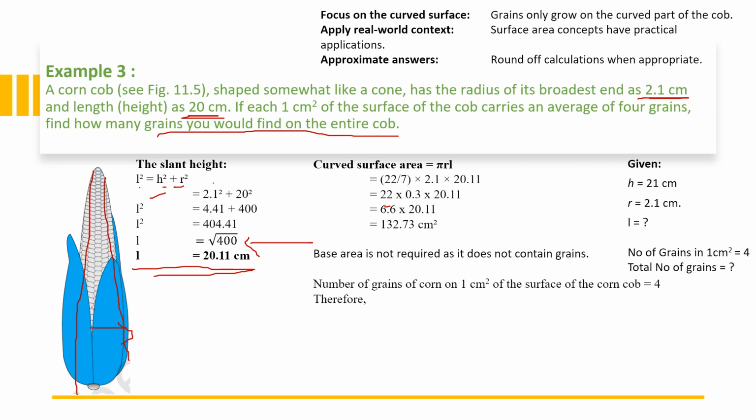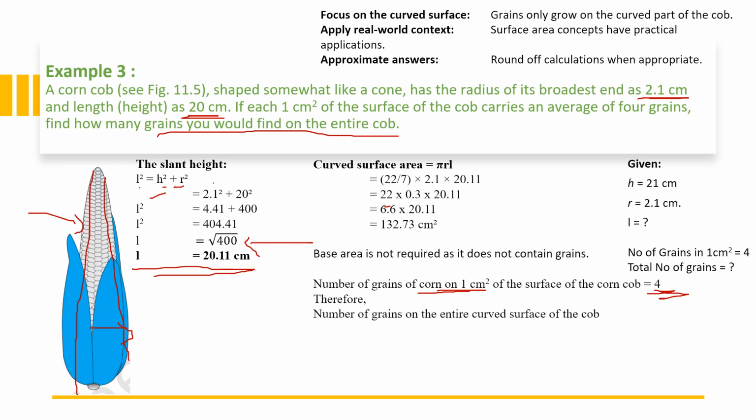The number of grains per 1 centimeter square is 4, and we need to calculate the total number of grains on the entire surface area.